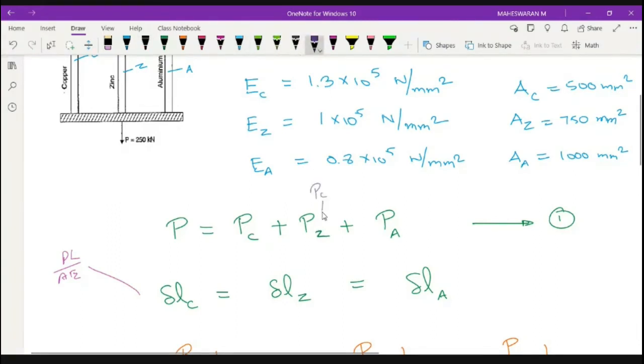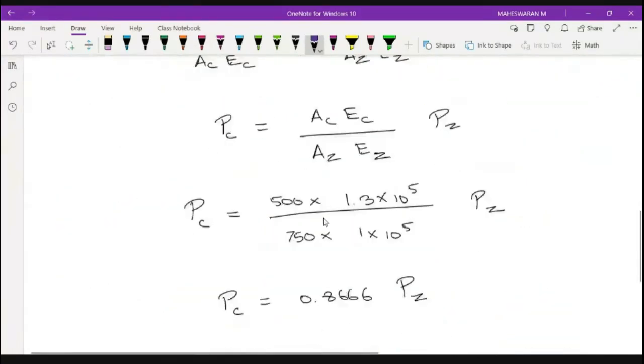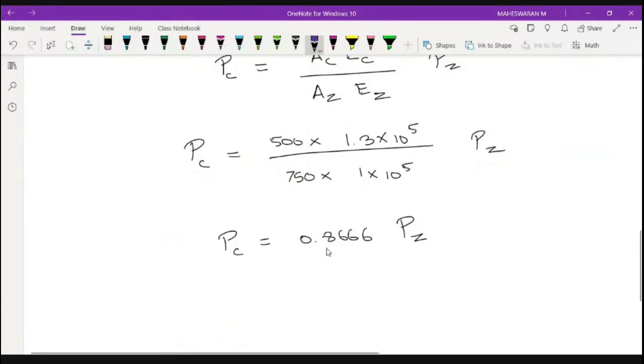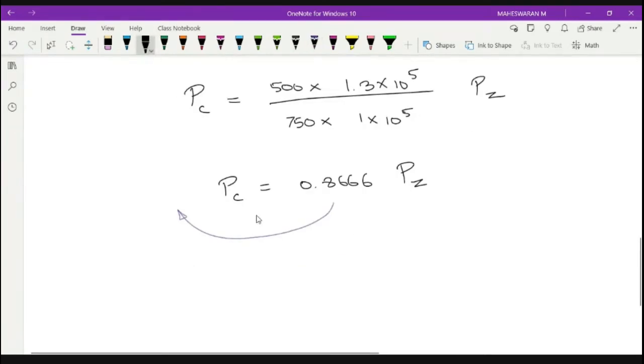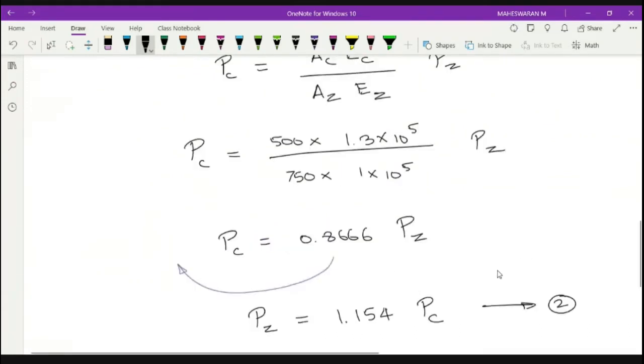I have to bring this on the other side, so PZ is equal to 1 divided by 0.866, which is around 1.154 PC. You may consider this as equation 2. This is my first equation.